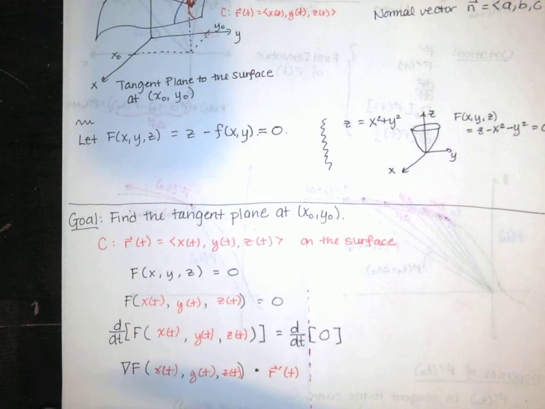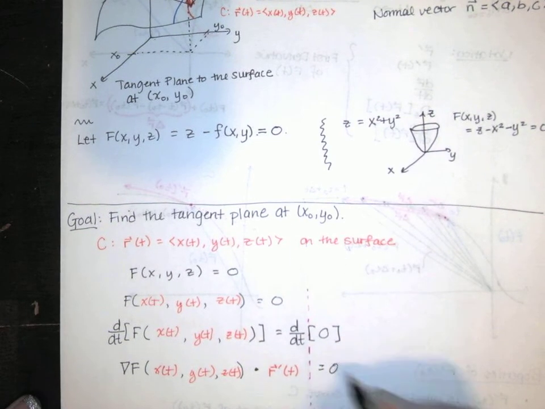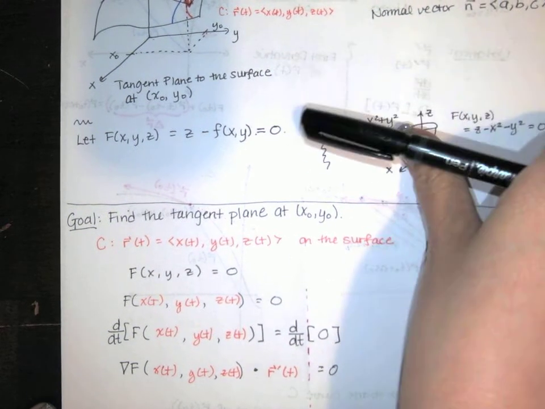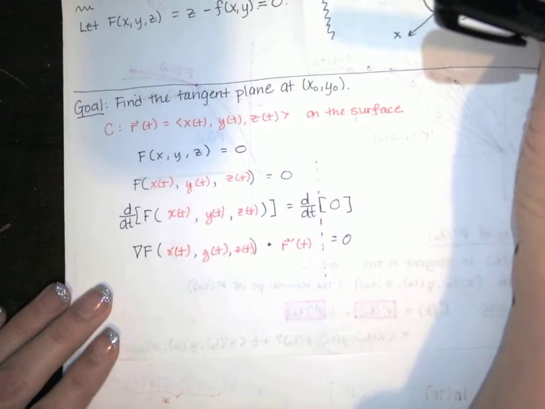And that equals the derivative of 0 with respect to t, which is of course 0.